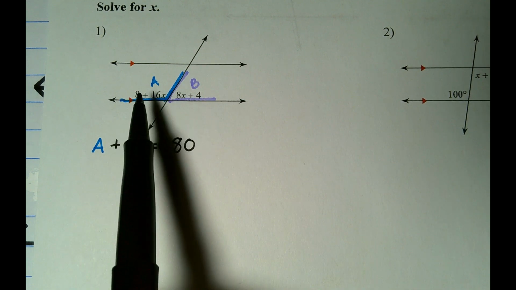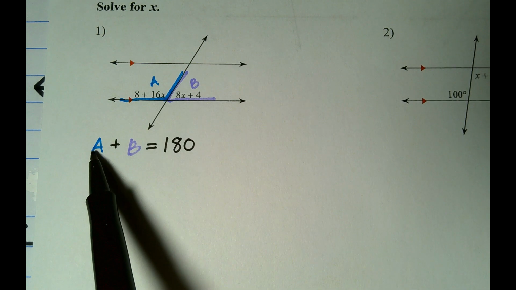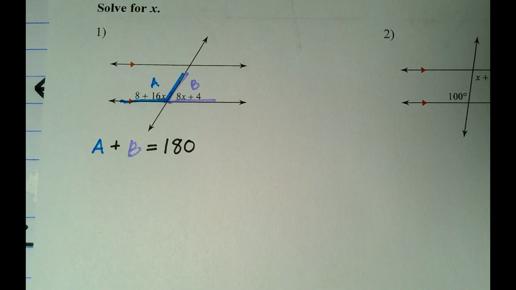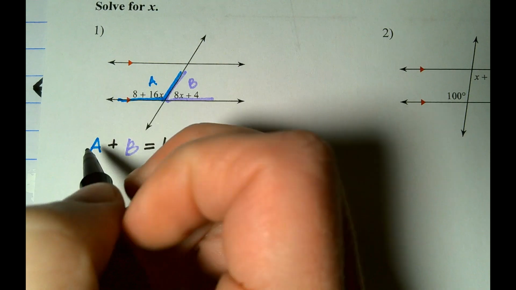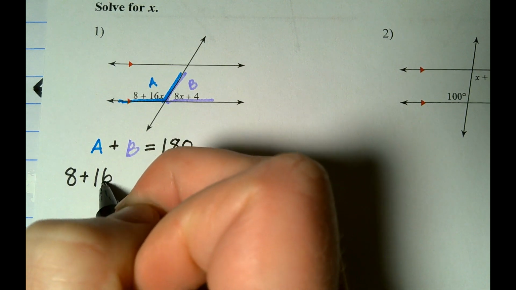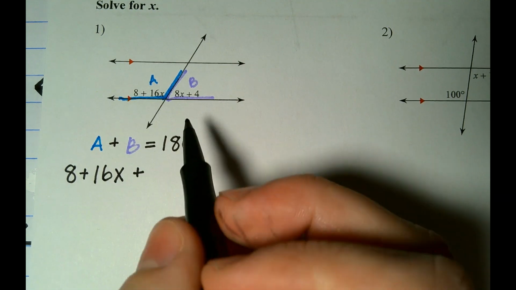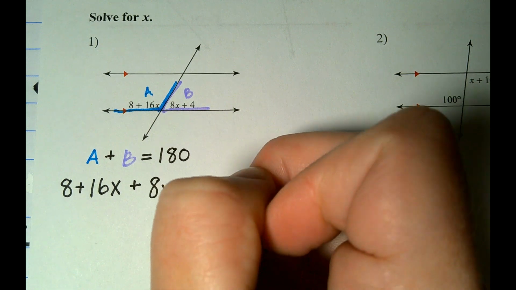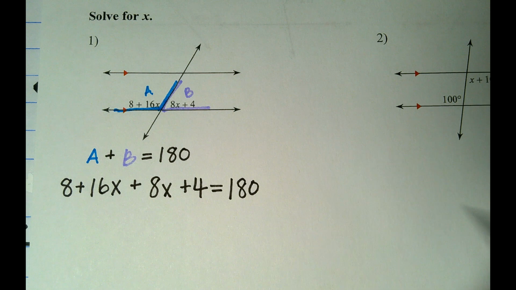So now that I know I'm going to add them together to make 180, what should I replace the A and the B with to make my actual equation? Yes, 8 plus 16x, that's my A value. So I'm just going to copy that down. 8 plus 16x, that's A, plus, what's B? 8x plus 4 equals 180.